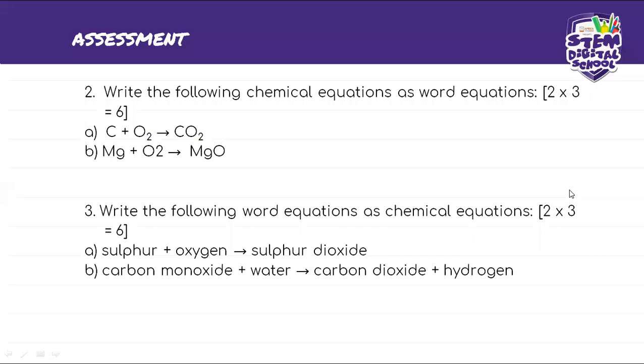It says, which of the following cannot represent water? You see, so double check, guys. Double check your answer for question 1.